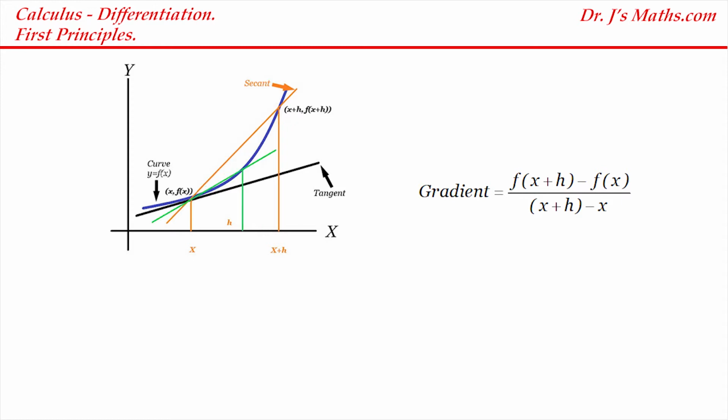As this process of moving continues, the gradient of the secant decreases until, in the limiting case, the secant will touch the curve at only one point, at which time it will be in effect the tangent. So the gradient of the tangent is the limiting value of the gradient of the secant.